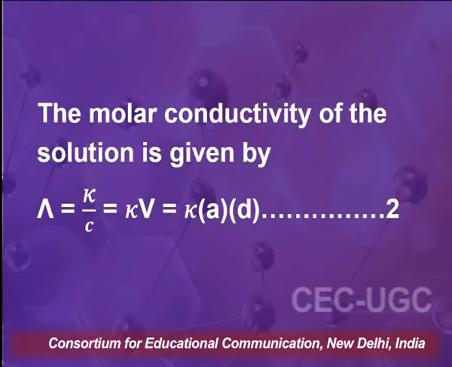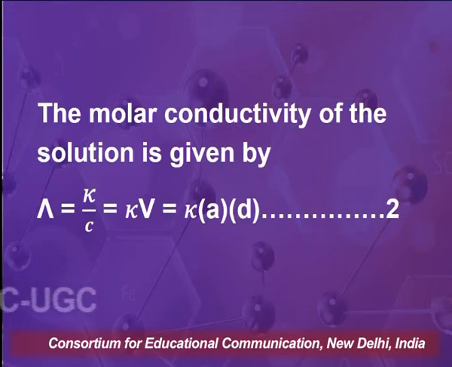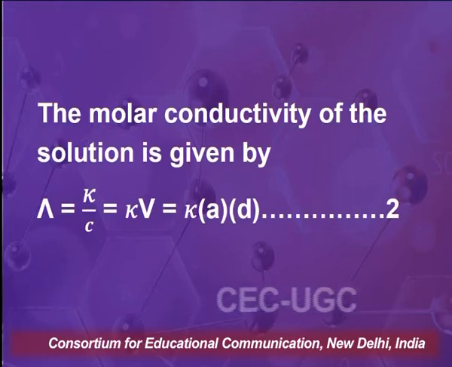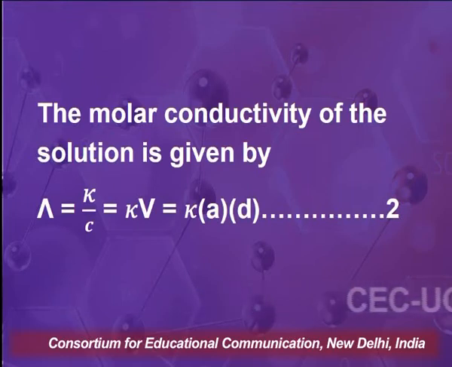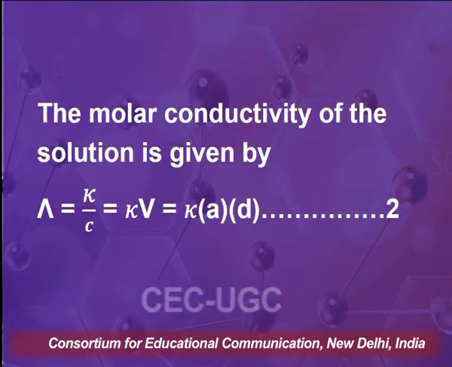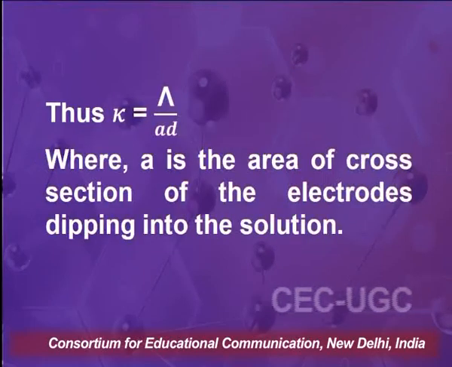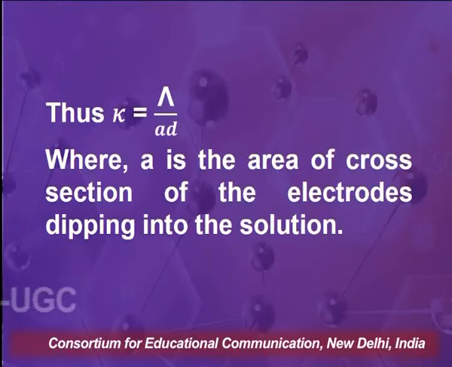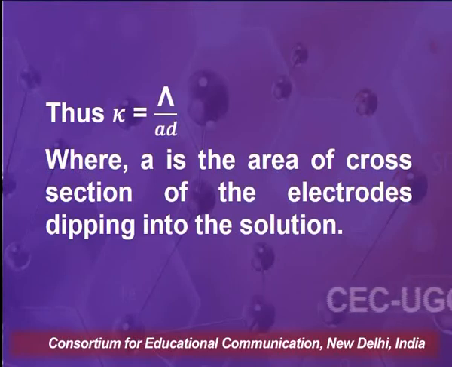The molar conductivity of the solution is given by lambda equals kappa by C, which is equal to kappa into V, and volume can be written as area into distance. So we get lambda equals kappa into A into d, or kappa equals lambda by A d, where A is the area of cross section of the electrodes dipping into the solution.